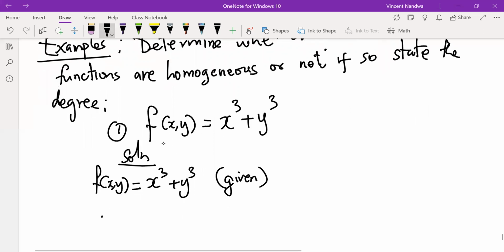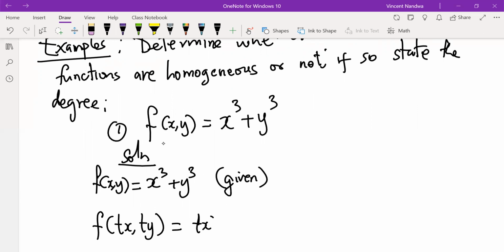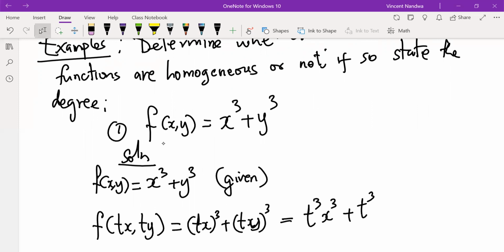Now we define f of tx, ty, which will be tx cubed plus ty cubed. This is just the definition of this function. It's t power 3 x power 3 plus t power 3 y power 3.